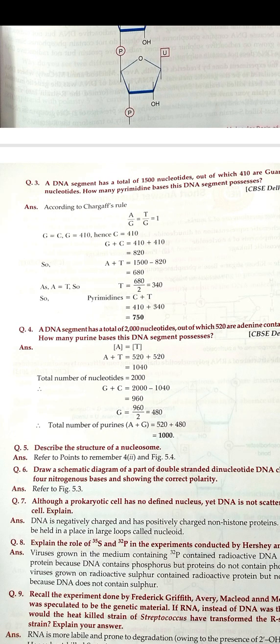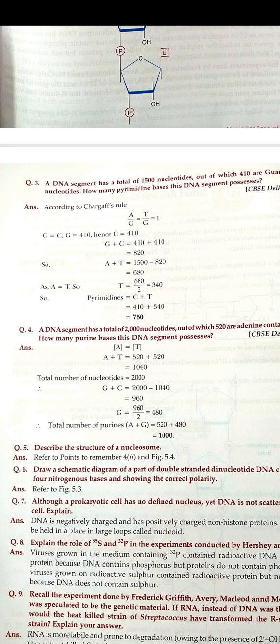So G equals C, and G equals 410, hence C is also equal to 410. So G plus C equals 410 plus 410 equals 820. So A plus T equals 1500 minus 820 equals 680.